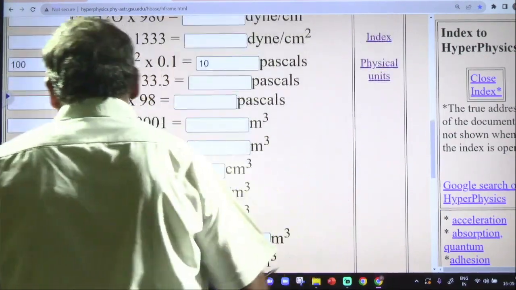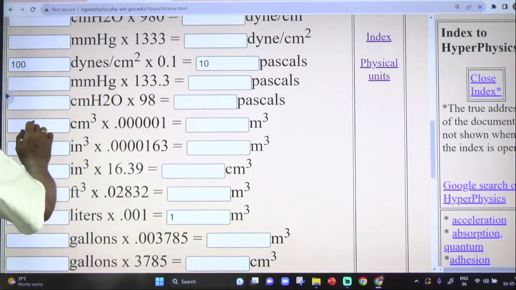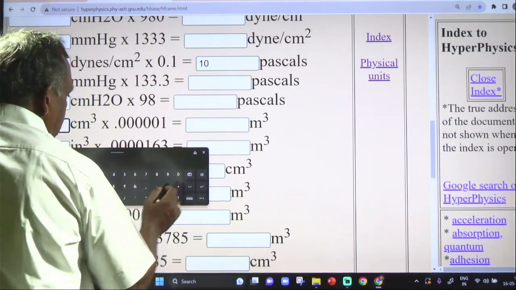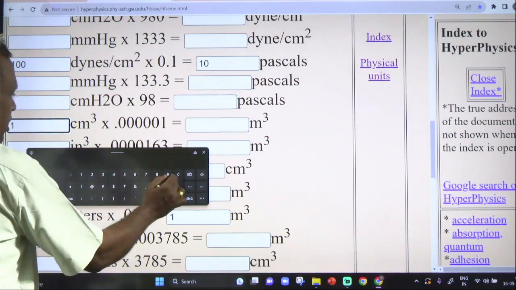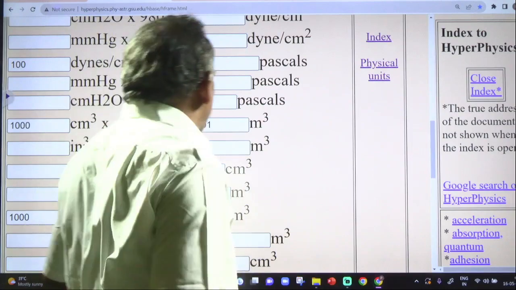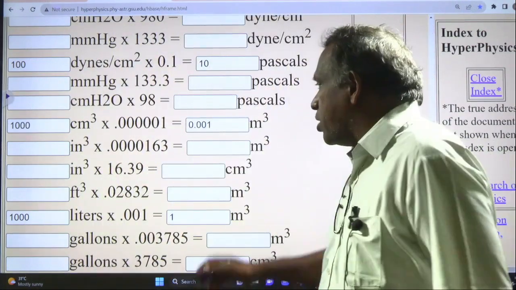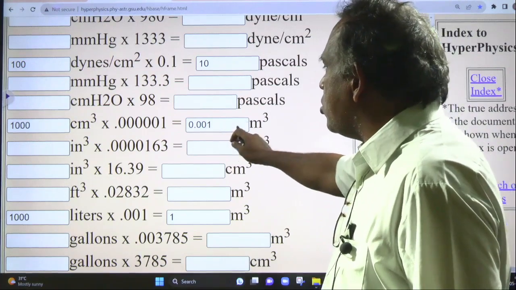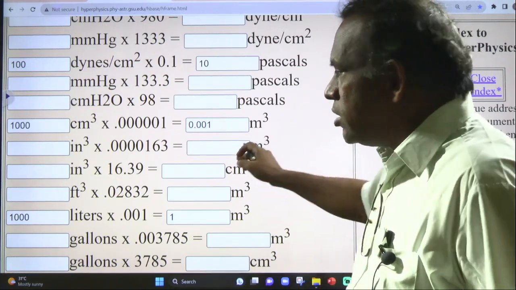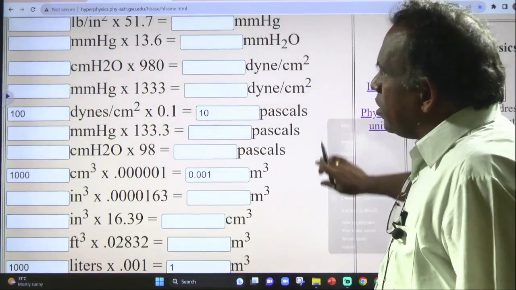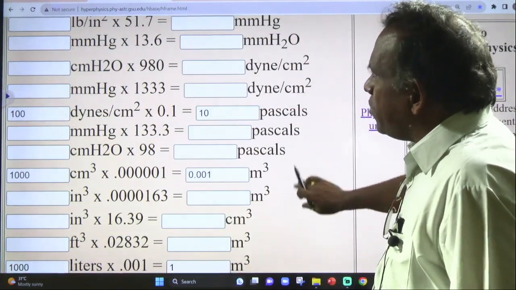You can also test: 1000 centimeter cube is how many meter cubes? Physics is nothing but measurements and conversions. All these are very, very important. 1000 centimeter cube is 0.001 meter cubes.